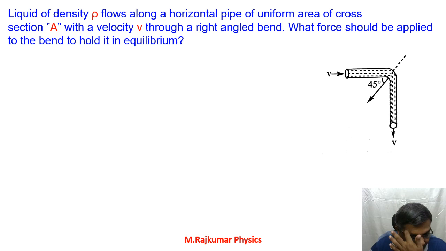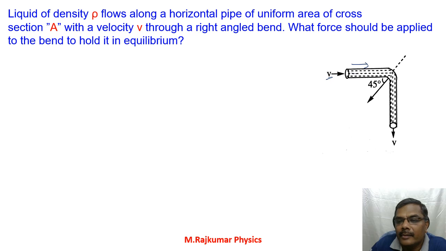See, there's a pipe like this. Some liquid is flowing through this pipe in this direction with some velocity v, and because of this velocity of the liquid, and it is not a straight pipe, it is a bent pipe.